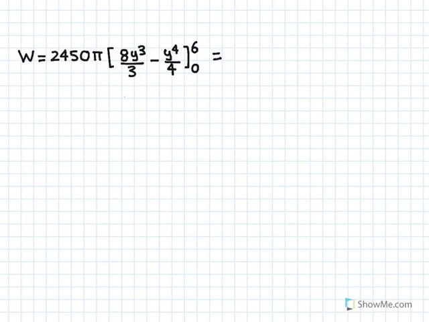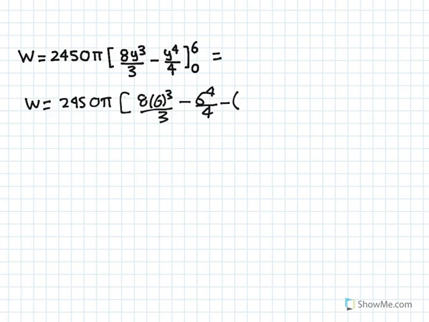Let's put the upper limit in. We get 2450 pi. Now, plugging in y equals 6, we get 8 times 6 cubed, divided by 3, minus 6 to the 4th, divided by 4, minus, plug 0 in, 0 cubed is 0, minus 0 to the 4th, that's 0, that's all 0.